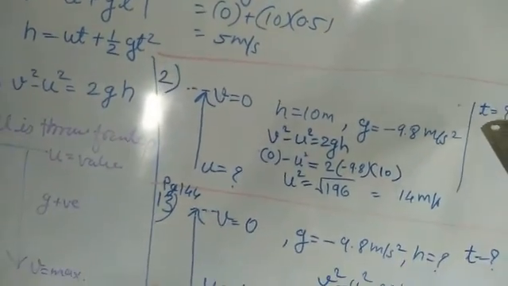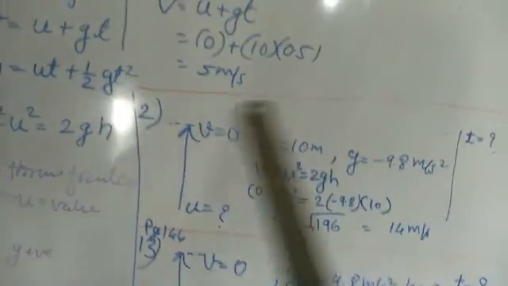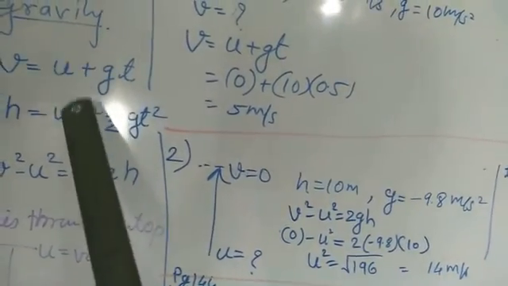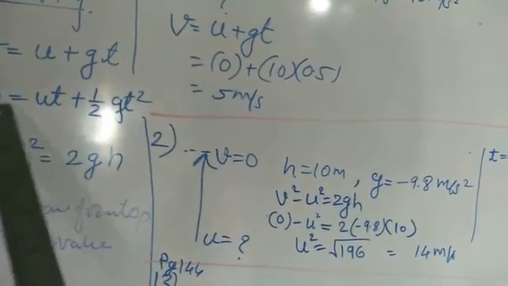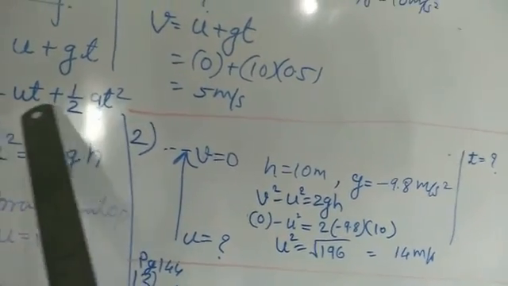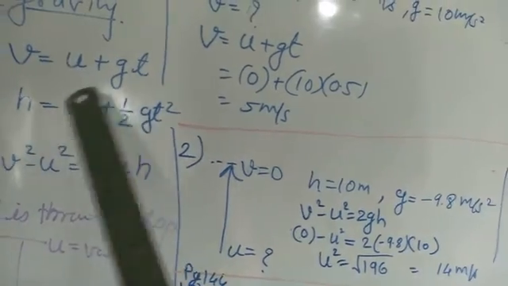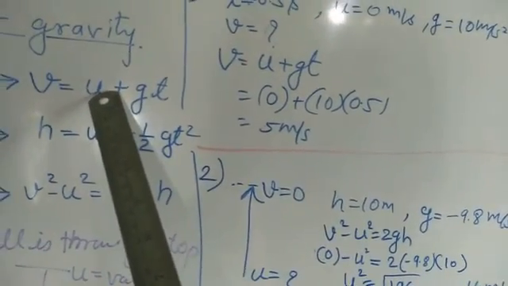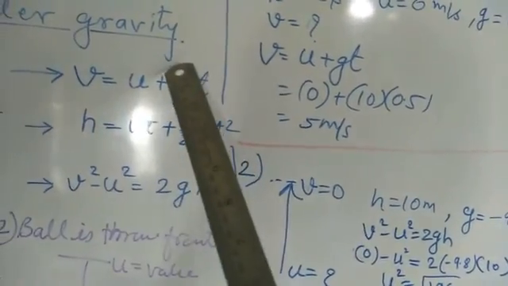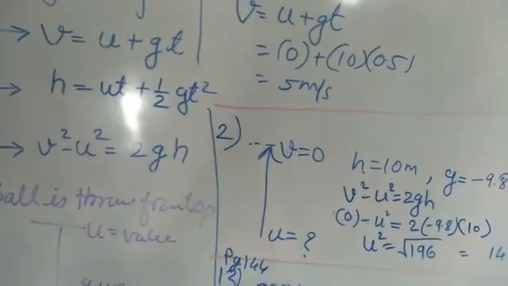So to find out t, we can use this relation. This relation also you can use because you have h, u, g, everything, but t appears here twice, so it will be difficult. So for simplification, you can just go by this relation.